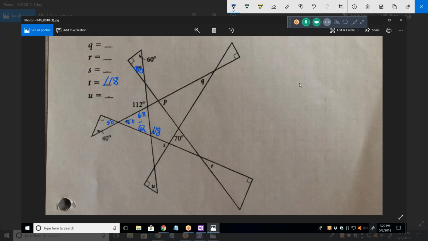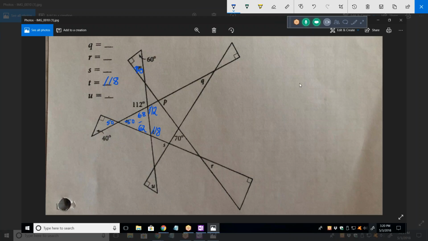Let's see. Let me look at this picture a little bit more and see if we actually have to figure out every single angle. How about this angle right here? Which that one? That would also be 112 because of vertical.